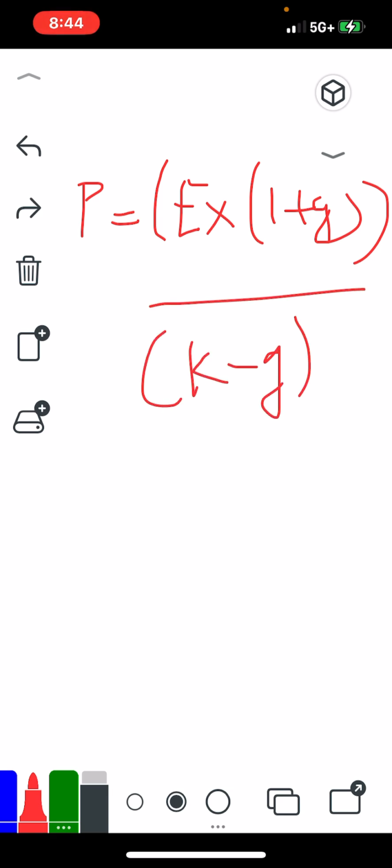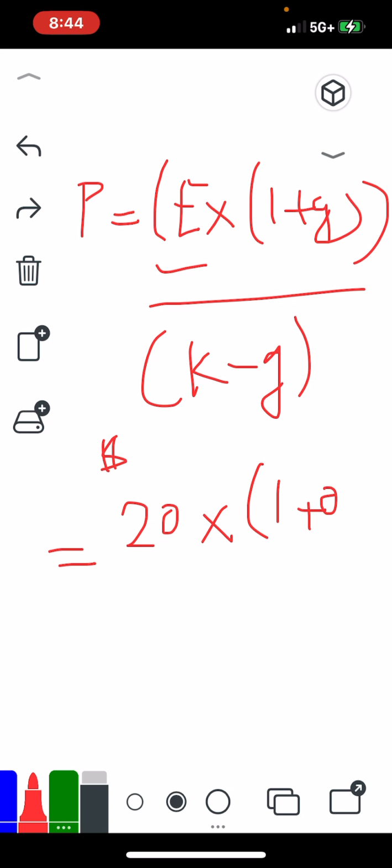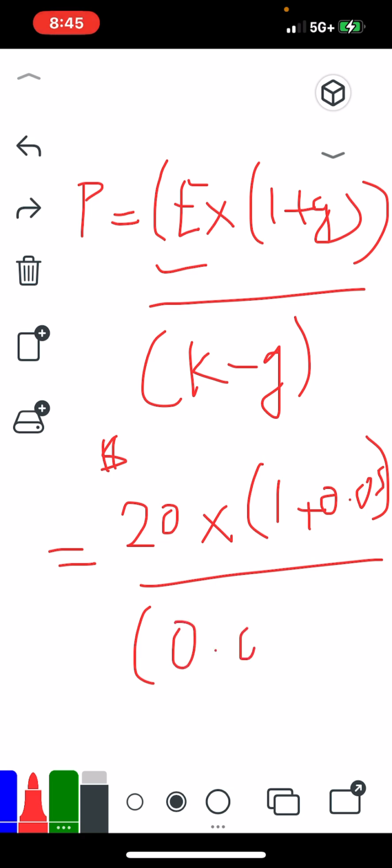Say, for example, your earnings per share, or E, is $20 per share. You multiply this by 1 plus your growth rate of dividends, let's say 5%. And let's say K is what the investors want in terms of rate of return, and this is 8%.